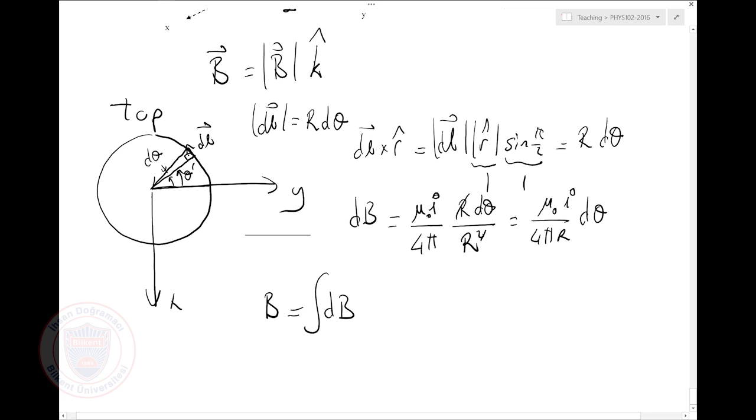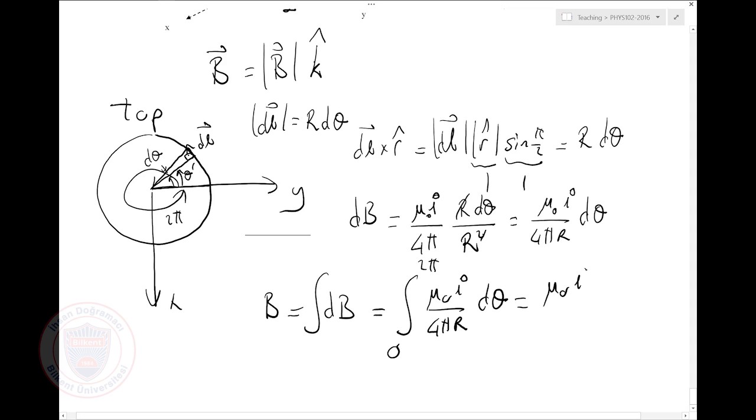All of these small magnetic fields are pointing in the same direction, so I can just do scalar integration without worrying about the magnetic field direction. So it's going to be the integral of mu 0 I over 4 pi r d theta. I start integrating at 0 angle and go all the way to 2 pi, which gives me mu 0 I over 2r.